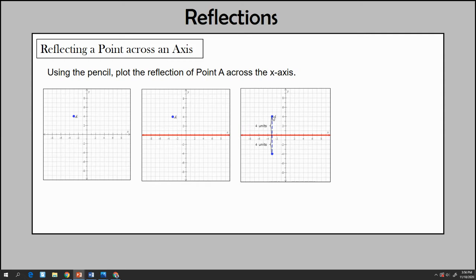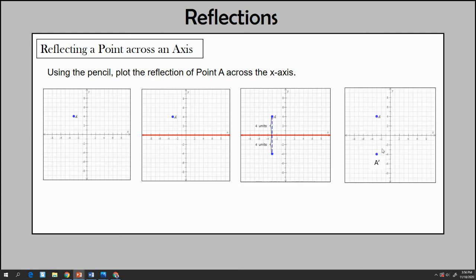And as long as we're moving vertically towards a horizontal line, we're moving perpendicular. So our final answer here would be the point that you would draw down here. Typically, when we do reflections, we relabel the points as A prime, or whatever the letter is, prime. You don't have to do that in your homework tonight. You just have to mark this point, but I would call this A prime. There's our answer right there.